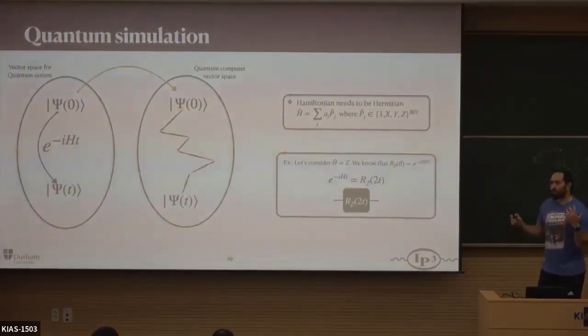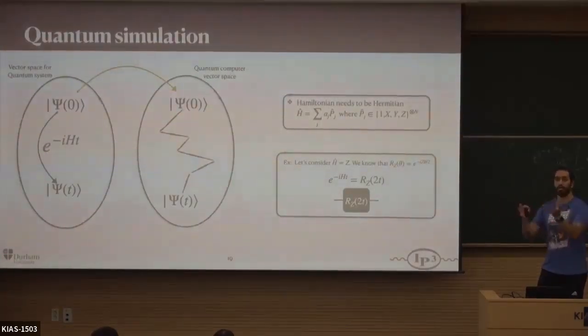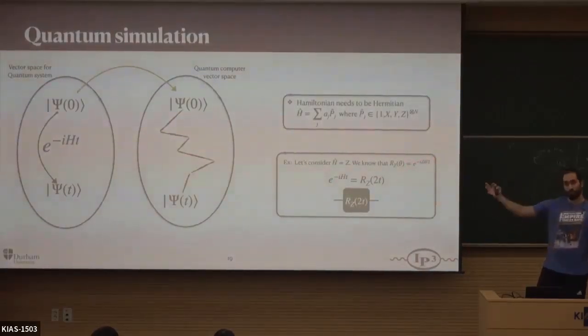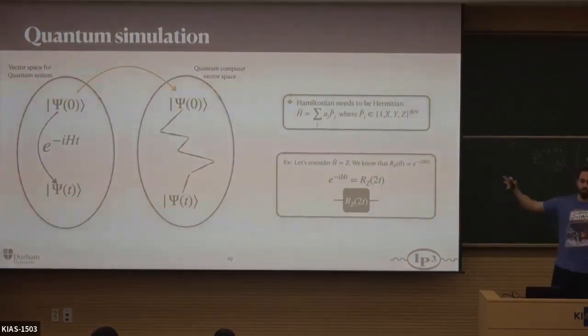What we want to do in terms of simulation is always end up with RZ operators because we know how to write them. So we will always try to convert everything to this form, with more terms obviously, because we don't have just Z, we have multiple different combinations of these operators.